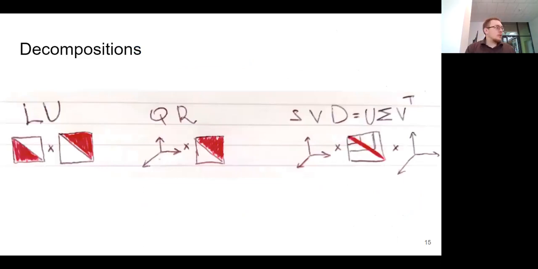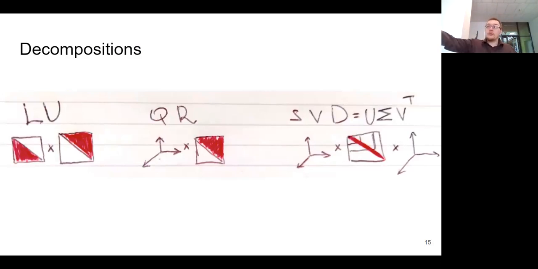Matrix decomposition in linear algebra, maybe you studied it at some level, maybe not. There are ways of decomposing the matrix, and it can be different. For LU decomposition, you will find triangular matrices. For QR decomposition, you will find an orthonormal matrix multiplied by a triangular matrix.